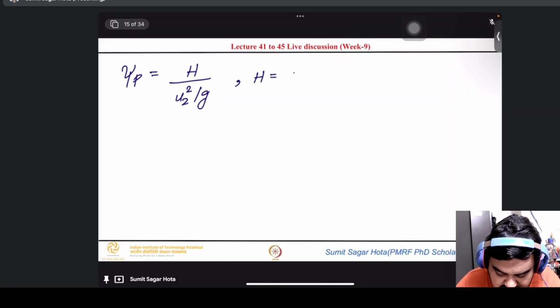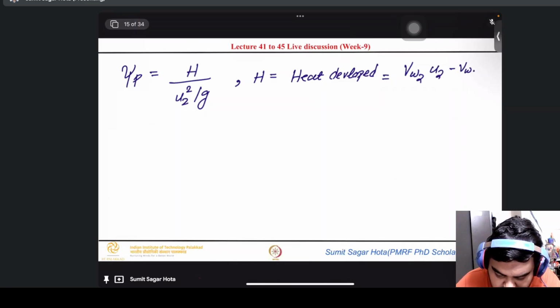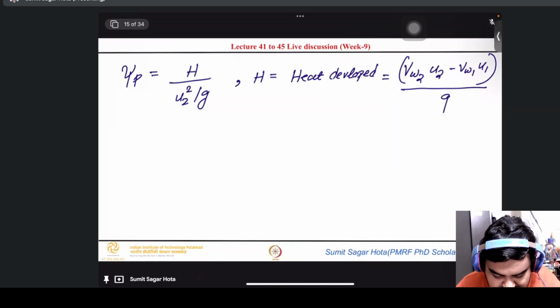So H is equal to the head developed, which is equal to Cw2 U2 minus Cw1 U1, divided by g.